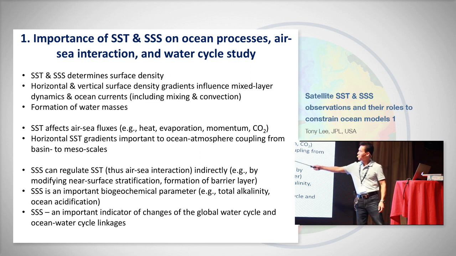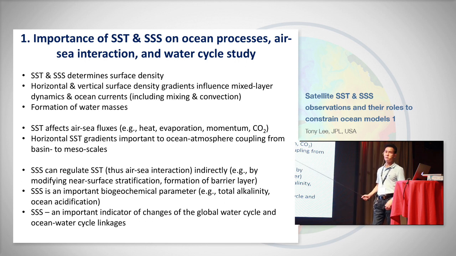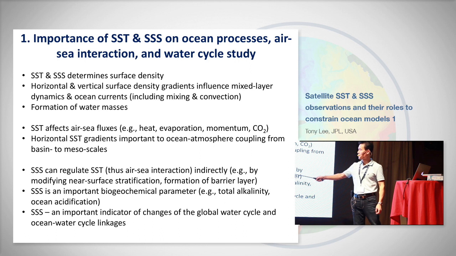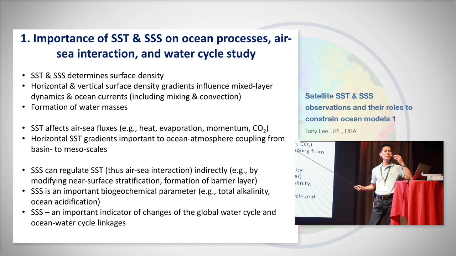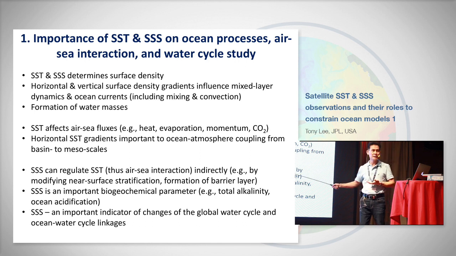And also, horizontal SST gradients are important to ocean atmosphere coupling from very large scale down to mesoscale, and I'll give some example for that. Now, for sea surface salinity, it does not actively involve in direct air-sea coupling, right? But it affects SST indirectly, and therefore it regulates the air-sea interaction. And I will also give an example of that.